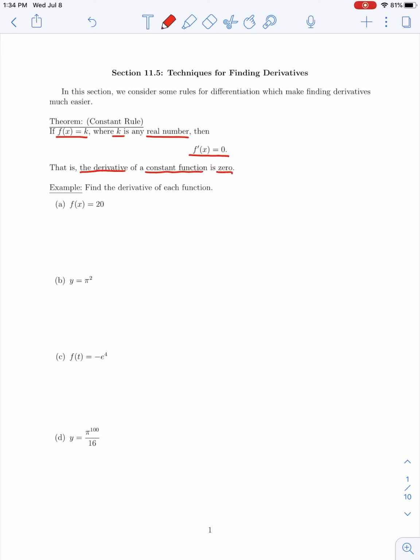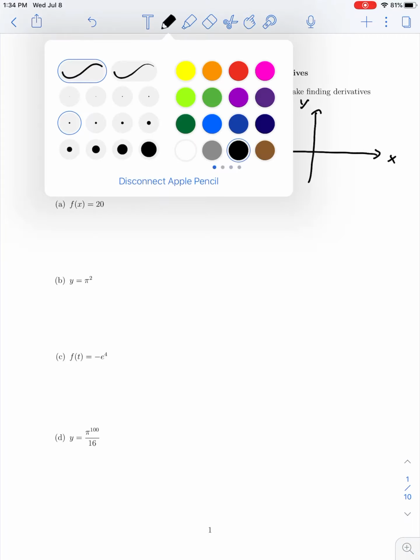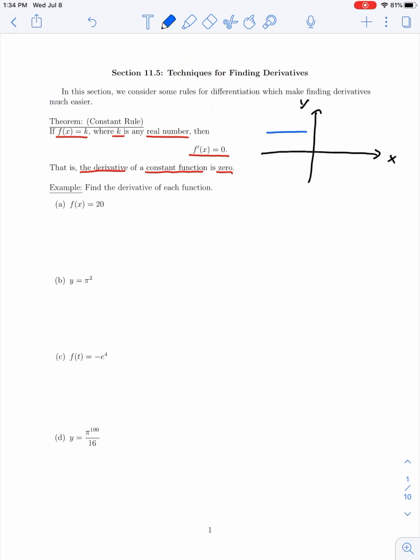Now we can show that by using the limit definition of the derivative, or if we make use of a more intuitive approach, let's say that we consider the graph of some constant function in the xy plane, perhaps the graph of y equals k, which would be some horizontal line passing through y equals k.